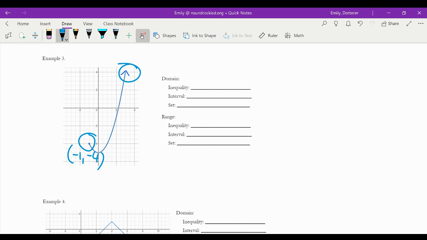So all the way on the left at -1, we have a closed circle. And then on the right, we have an arrow. So the arrow means that it goes forever. So it'll be less than infinity. When you have one of them that has an infinity, so one, not both, we could also write it like this.